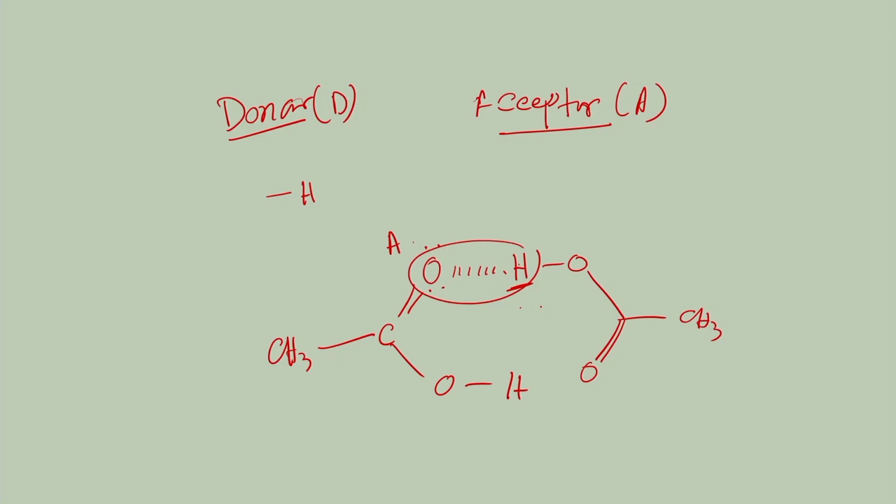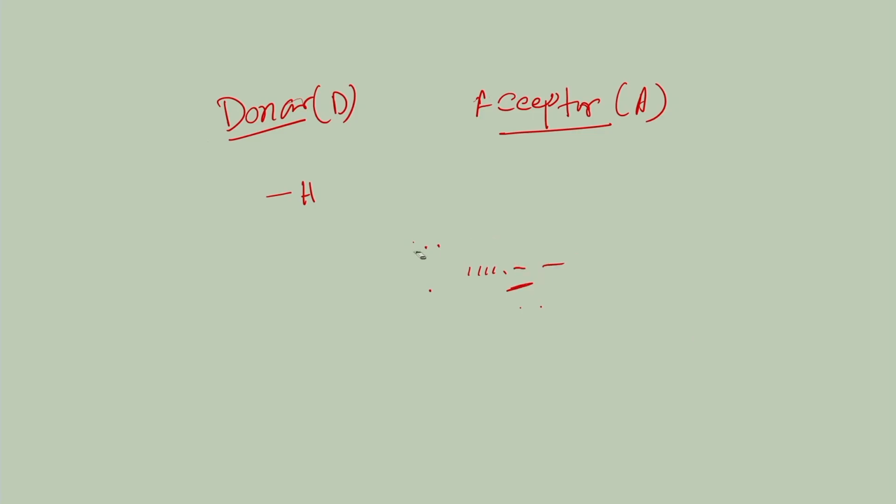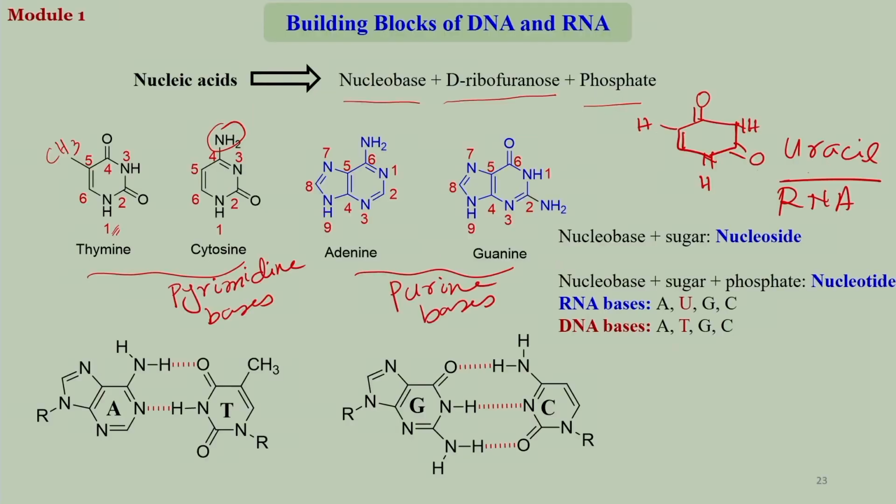So, a donor should have a donatable hydrogen and an acceptor should have electrons to form the hydrogen bond or to accommodate the proton. So, here are the structures. If you stick to the anti conformations, you can see you have a donor here, an acceptor here, a donor here, an acceptor here. For adenine, you have an acceptor here and then a donor here. The amine is the donor, and here the nitrogen is free, it also has a lone pair of electrons, so it can accommodate the proton.